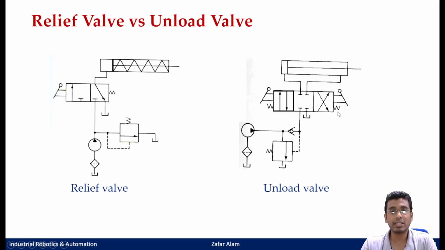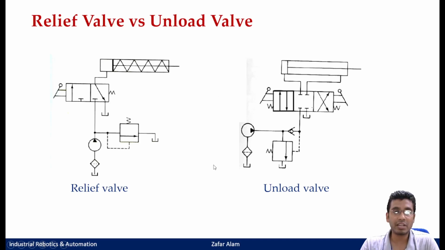Now see, the instant you shift your circuit back, whenever your pressure comes below your operating range, you can again have fluid flow through this side, because this would shift back to its normal position, and you can have the normal functioning of your valve. So this is the difference between a relief valve and an unload valve.